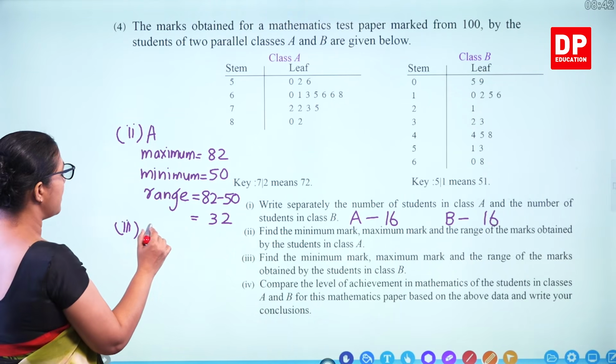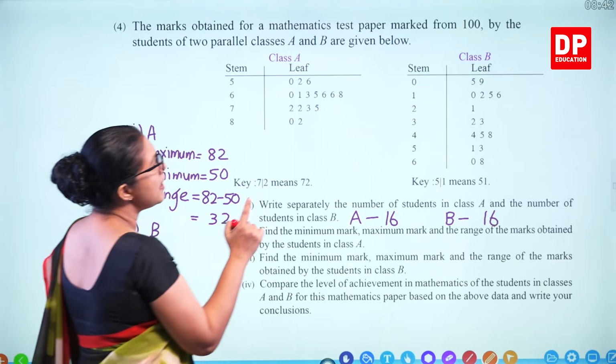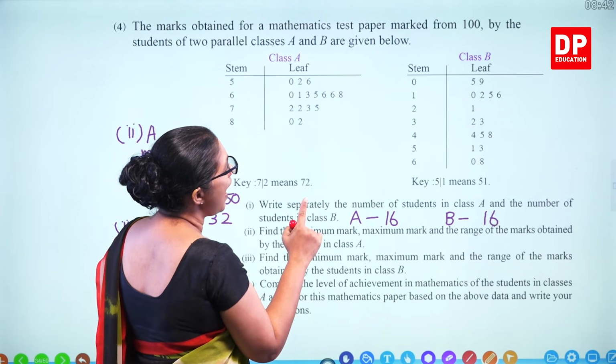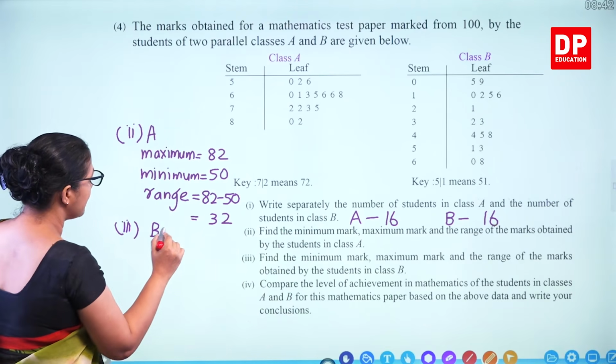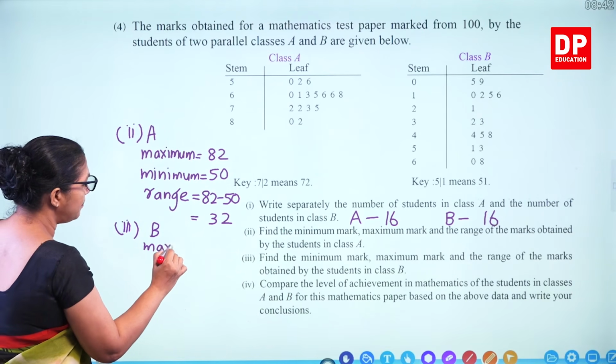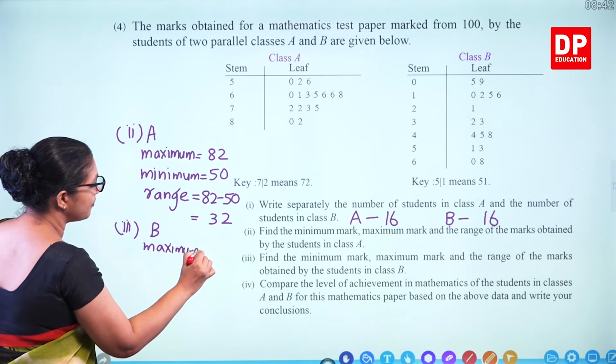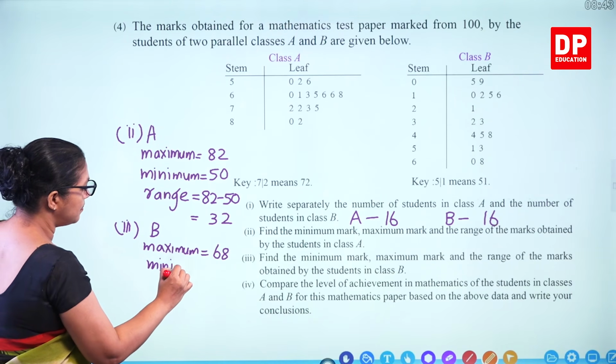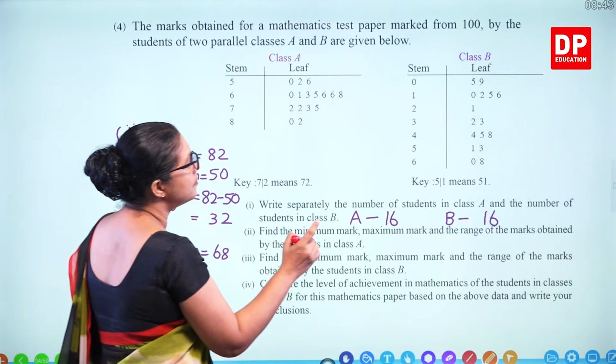Then the next one says find the minimum mark, maximum mark and the range of marks obtained by class B. When you take class B, the minimum is 5 and maximum is 68. Maximum 68, minimum, that's 5.